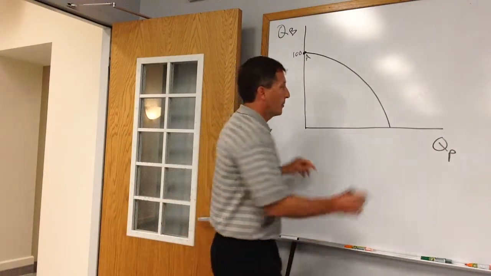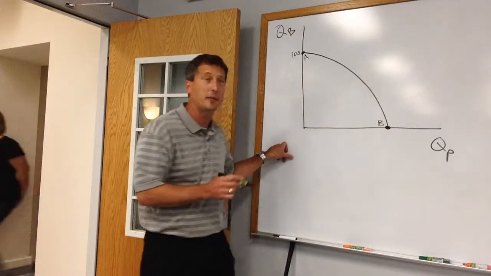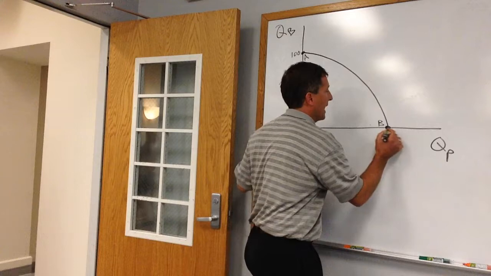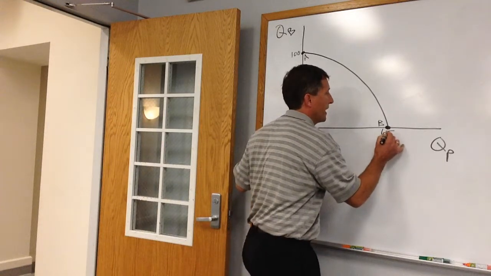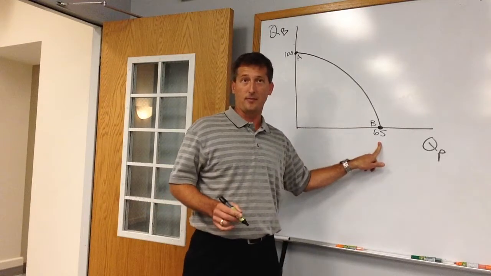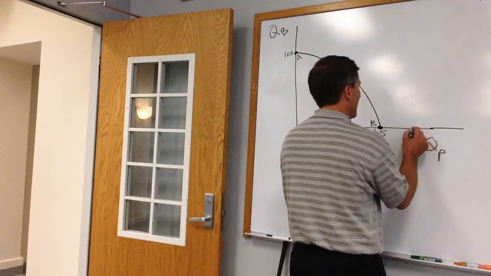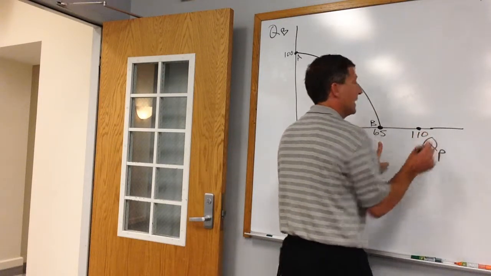What happens with pizza? Let's take another endpoint, endpoint B, kind of an extreme case, and we're currently at 65 pizzas. Does that change this point? Yes. By how much? I don't know. It depends on the technology, but let's just say it ramps up to 110.